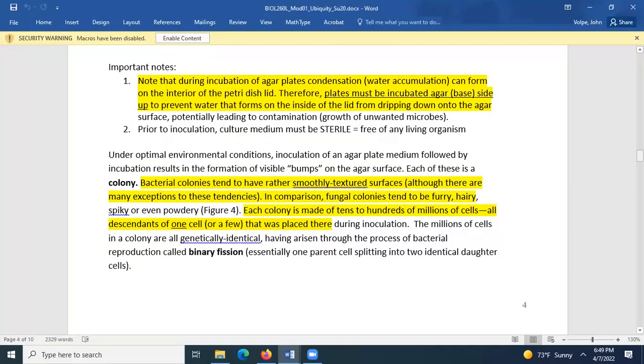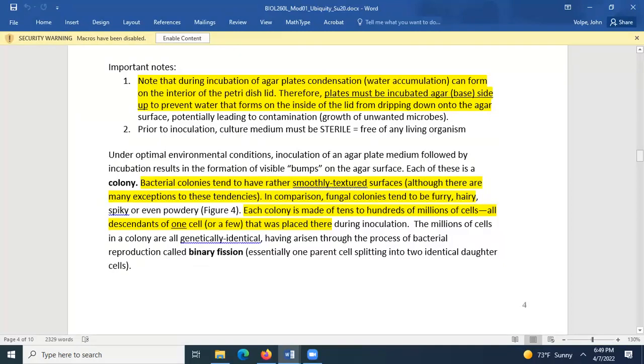I don't know if you can see that. Hopefully you can. I'm not seeing anything, so I can't see what I'm showing you. And then the drop would form, and then it would fall down onto the culture, dispersing the culture. And that could ruin the culture.